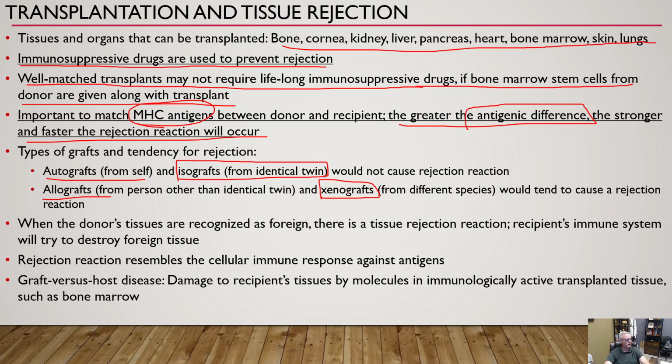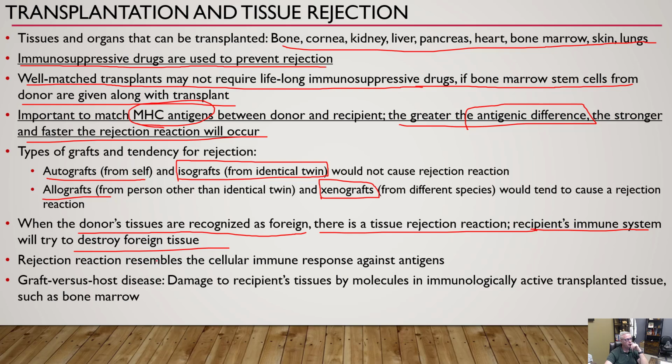And that's why we need to be on immunosuppressive drugs, because that donor tissue might be recognized as foreign. And if we have that tissue rejection reaction, that recipient's immune system is going to start to go haywire, and it's going to try and destroy that foreign tissue.